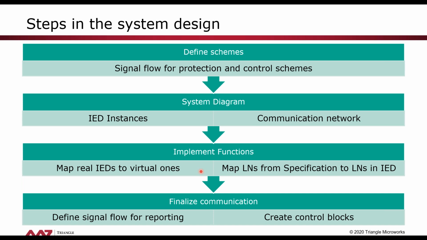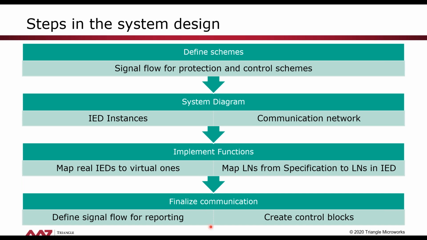Then we have to implement our functions, which basically means we have to map the logical nodes from the specification that we created onto the logical nodes in the IEDs that we have in our system. So we need to say which IED is the interface to the breaker on line 1, which IED provides the interface to the breaker on line 2, which switch logical node is the interface of the line disconnector, and which one is the interface of the busbar disconnector. All that needs to be specified.